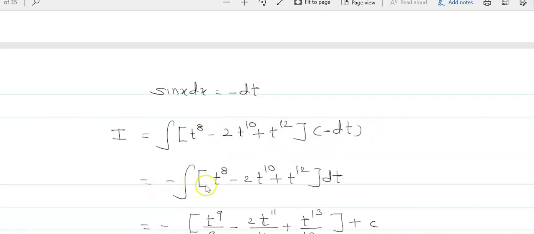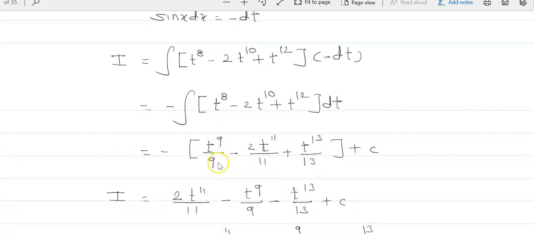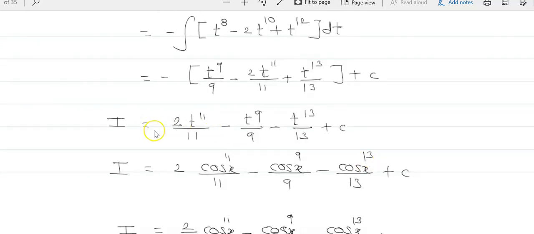Here is a minus sign, integral of t raised to 8 minus 2 t raised to 10 plus t raised to 12 dt. Now their integration is t raised to 9 upon 9 minus 2 t raised to 11 upon 11 plus t raised to 13 upon 13 plus c. Replace the value of t, that is 2 t raised to 11 upon 11 minus t raised to 9 upon 9 minus t raised to 13 upon 13 plus c.